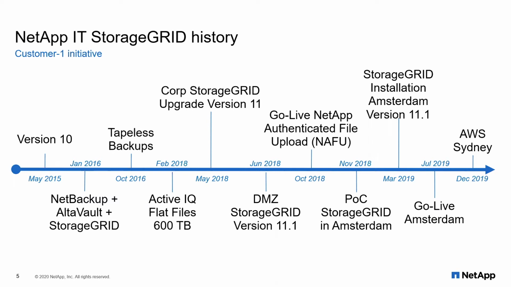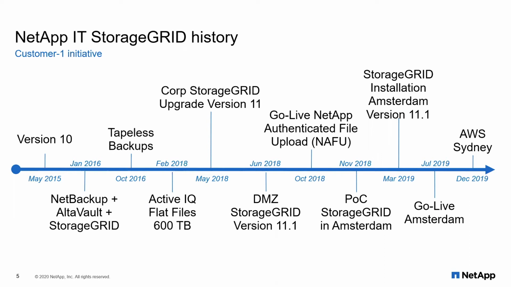The next large application was ActiveIQ flat files. Within 6 months, it was up to 600 terabytes. As you can see, the type of data that we started with is archive data and then static data. In May of 2018, when version 11 was released, that had a big change and much needed improvements.